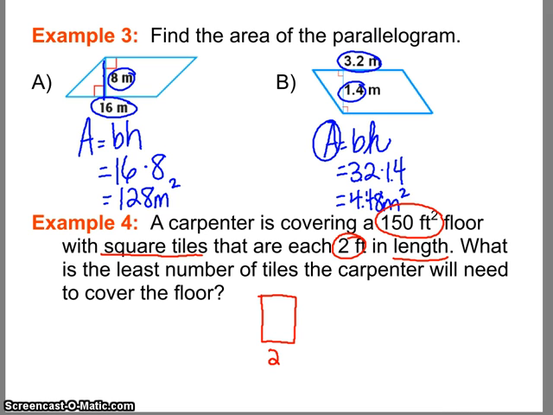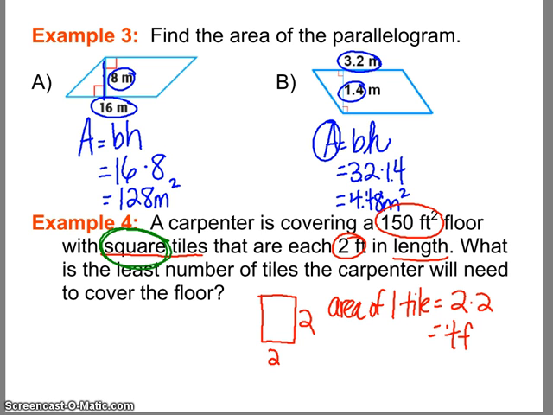The key word here is: what shape are the tiles? They are squares, which means all 4 sides are congruent. So the area of one tile is length of 2 times width of 2 is 4 square feet.